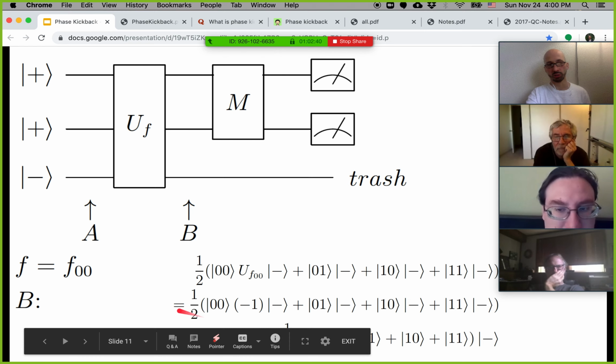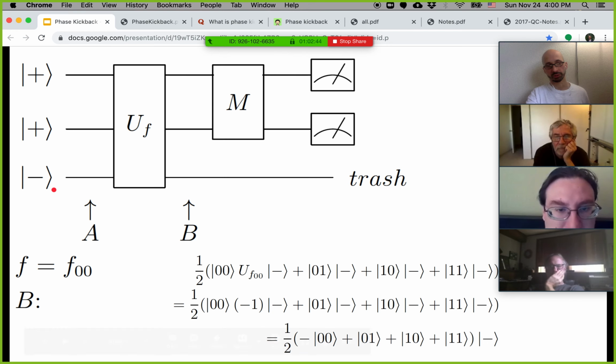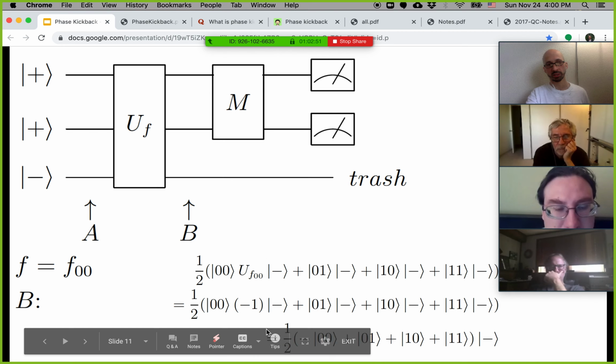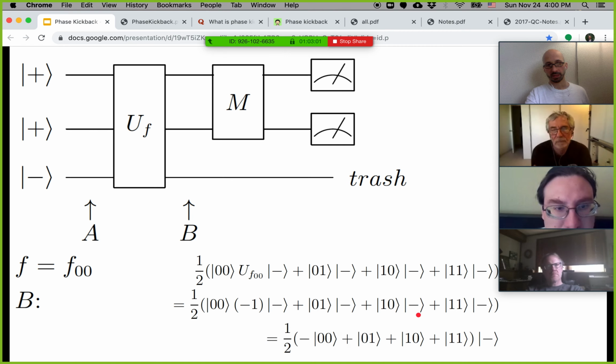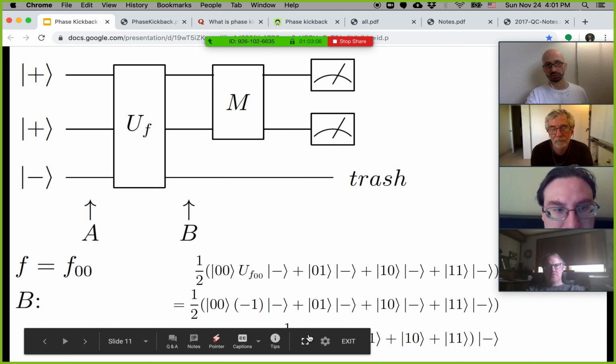Okay, and now because our target qubit is an eigenvector of U with eigenvalue -1, we can replace U with -1, and the rest is the same. And I just rewrote this a little bit.